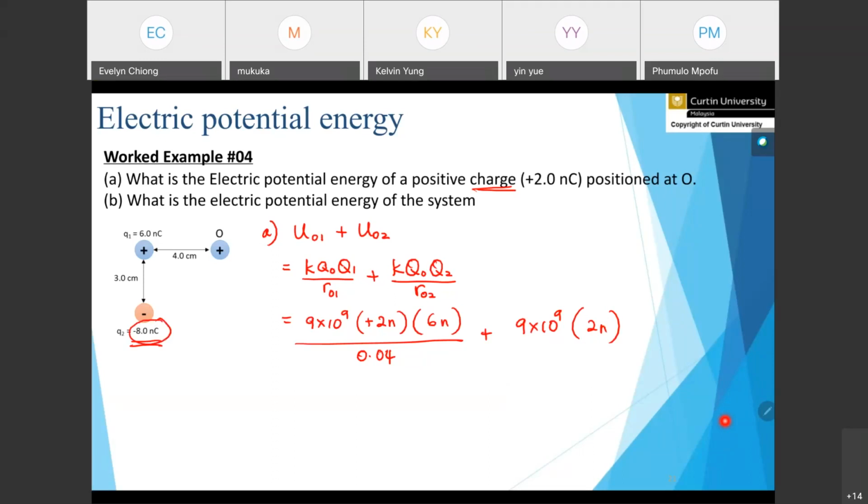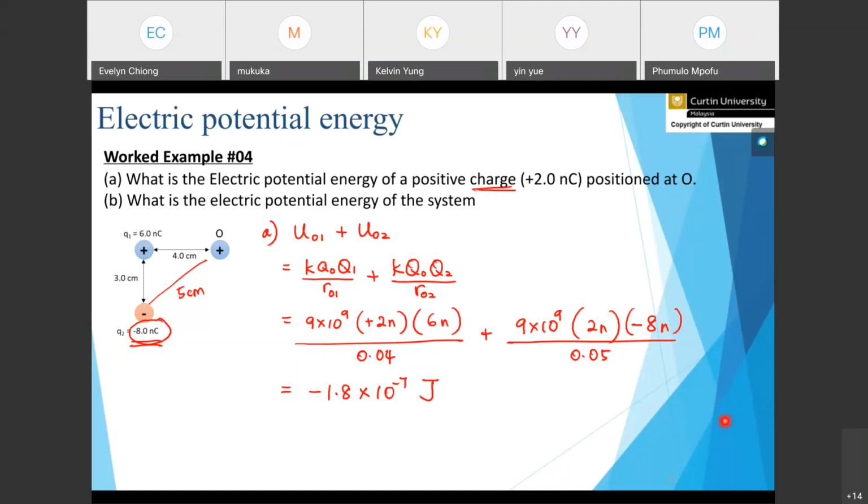Q2 is a negative charge, so include the sign as well. Remember this one is 5 centimeter. So you calculate this, then you are going to get negative 1.8 times 10 to the power of negative 7 joule. So this is for a charge.